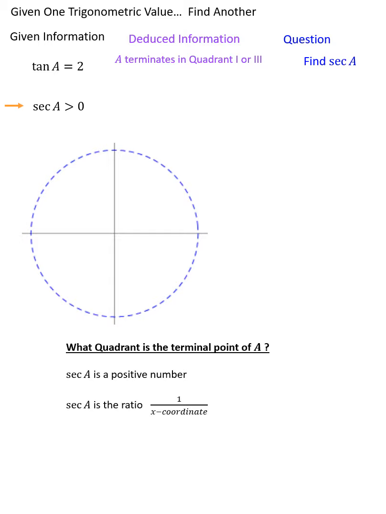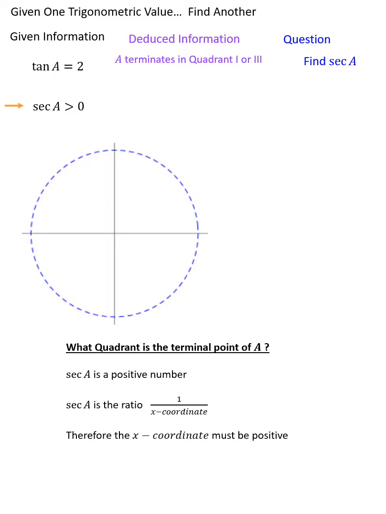But let's not forget that the secant is the ratio 1 divided by the cosine, or 1 over the x-coordinate. So if the secant is positive, then 1 over the x-coordinate must be positive. Well, how can 1 divided by a number be positive? Well, only when that number itself is positive. Therefore, we can deduce that the x-coordinate of the terminal point must be positive.